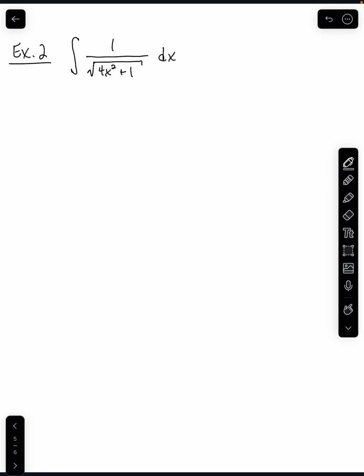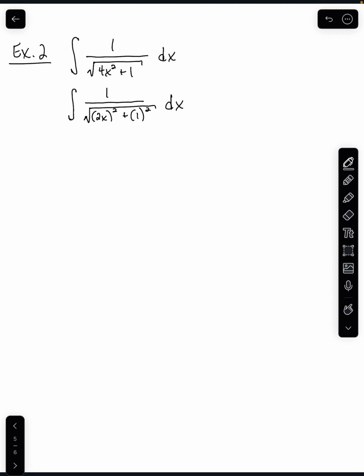Like in the previous example, it helps to clearly identify our u and our a, in this case, by writing each term in this binomial expression as the square of something.